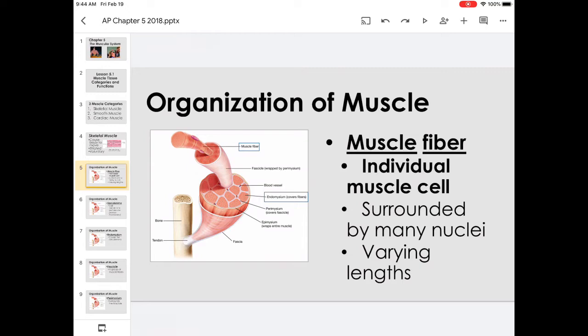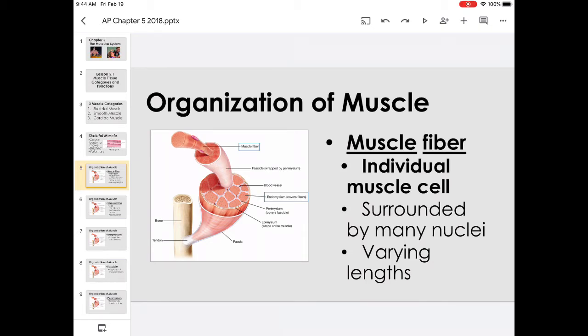But basically, when you have muscle fiber in your skeletal muscle, these are fibers that are going to grow in length as you get older and as you grow up. And as they grow in length, they will also increase in strength and diameter based on exercise and strength training and things like that.